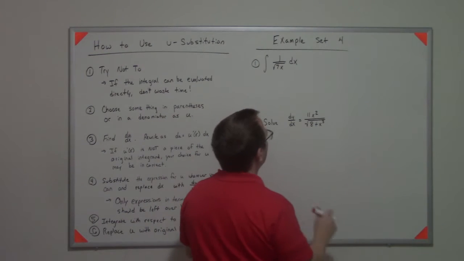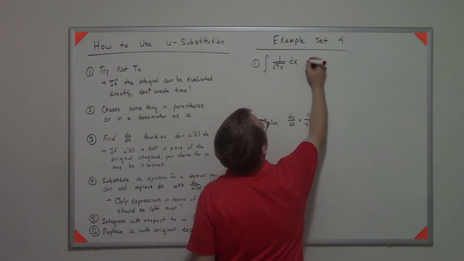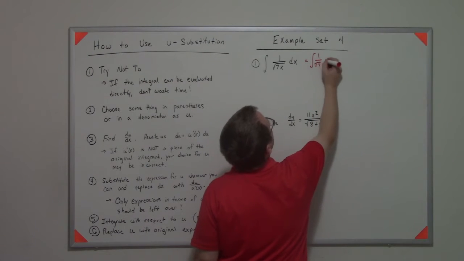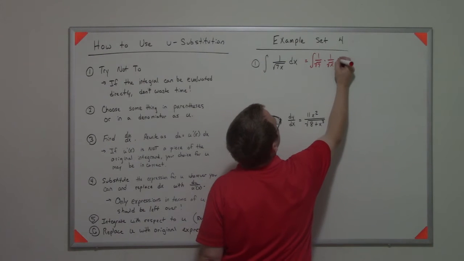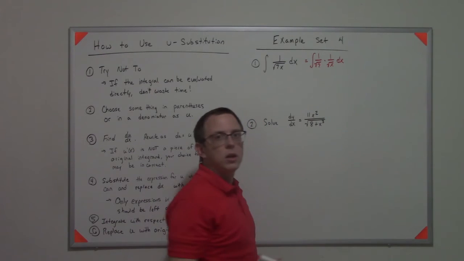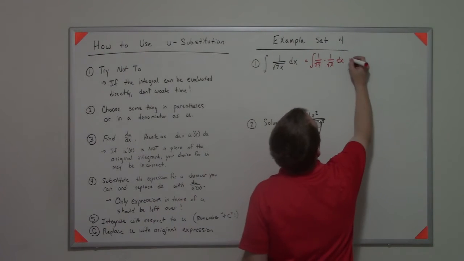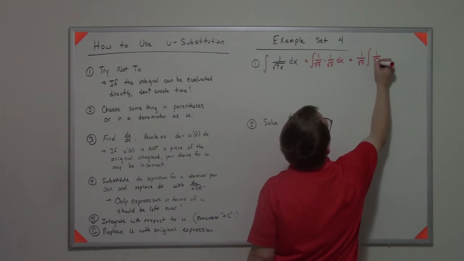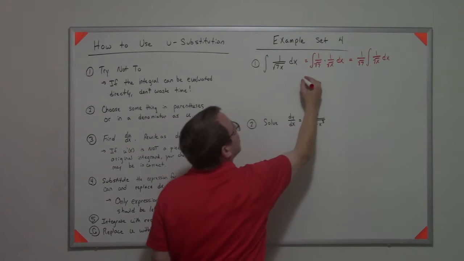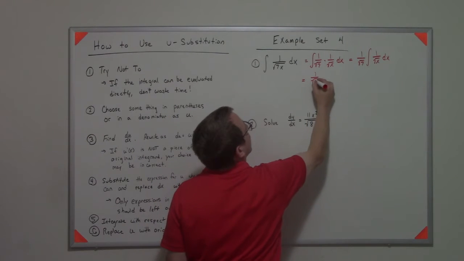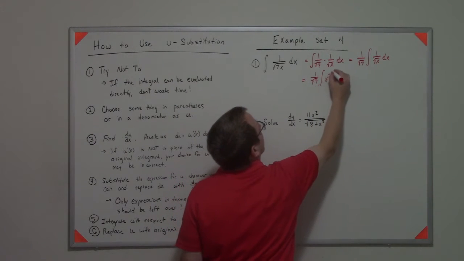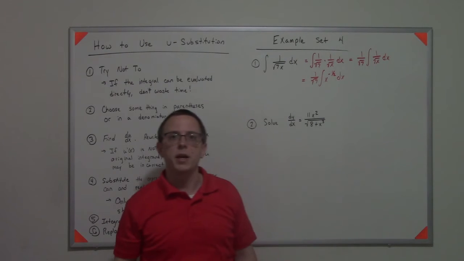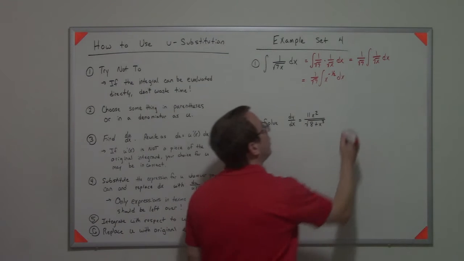If I do that, this is the integral of 1 over square root of 7 times 1 over square root of x dx. So then I can pull out that 1 over square root of 7, leaving 1 over square root of x dx. And then I can say, well, 1 over square root of x is x to the negative 1/2.